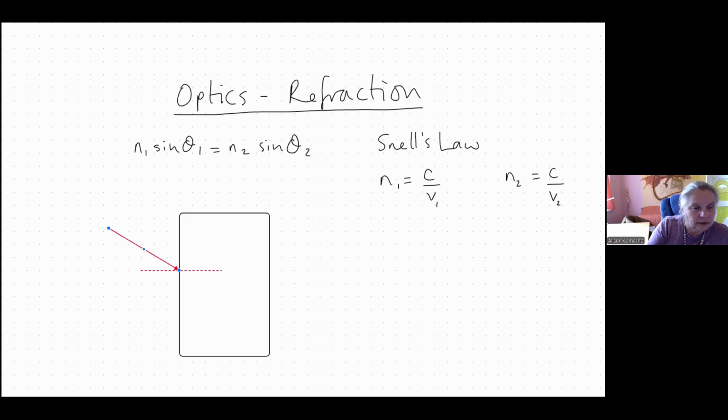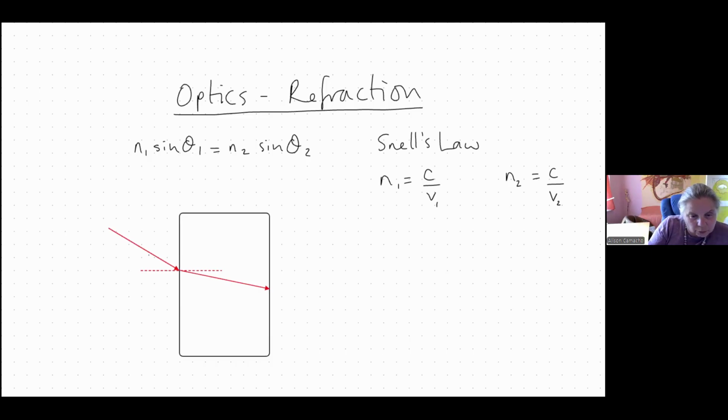Okay, so my rays are going to be arrows, and I'm deliberately using, there we go. That's more like it. Sorry about the delay in getting that up and running.